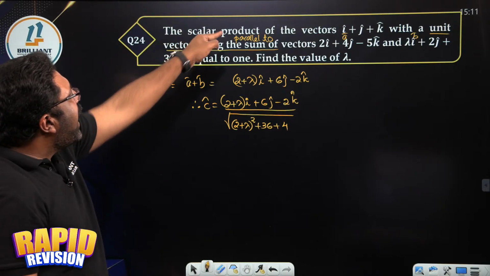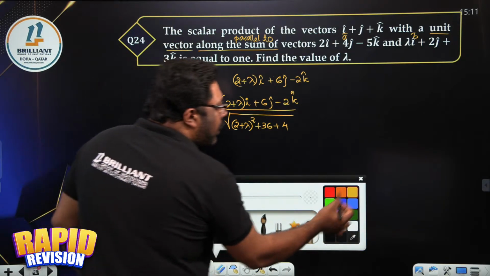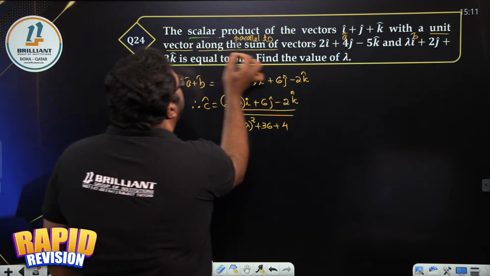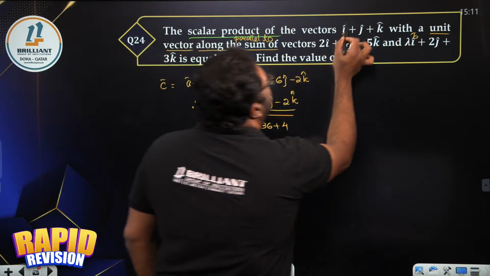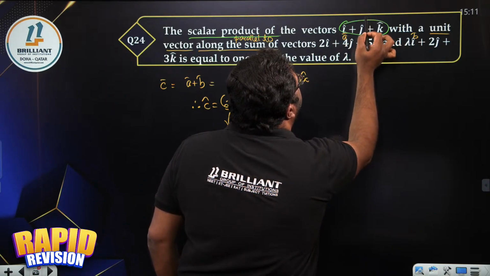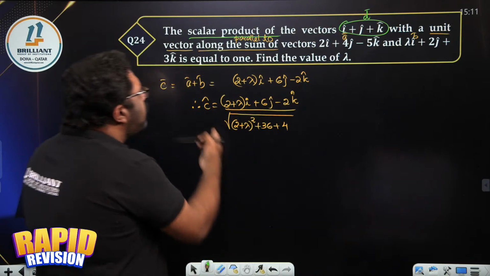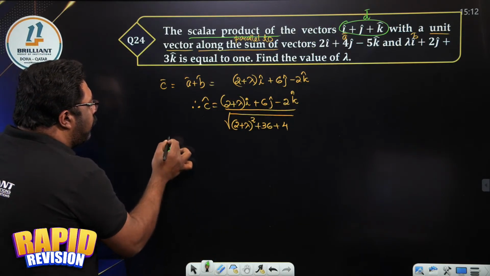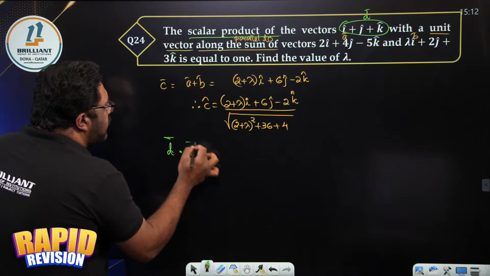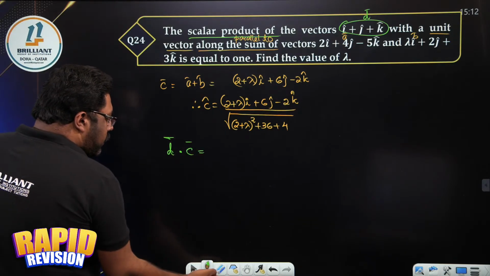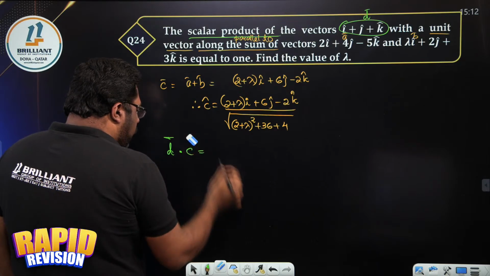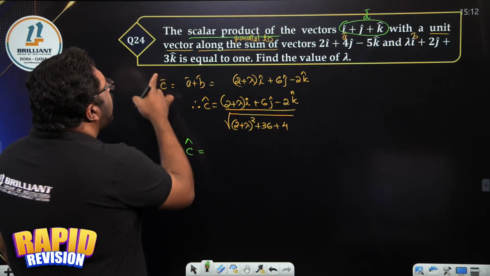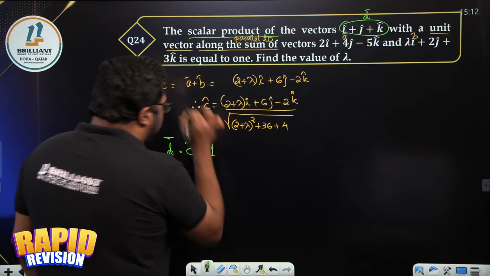They are saying the scalar product of this particular vector, let me call it D, I've used C, so let me call it D. The scalar product of D with C cap is equal to 1.